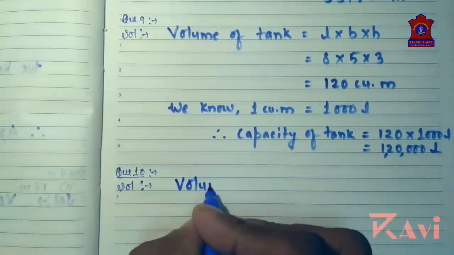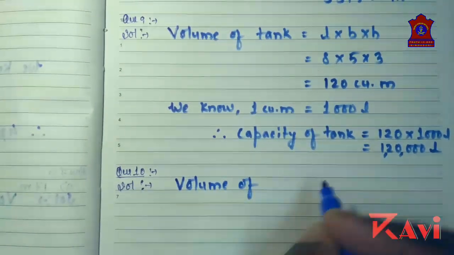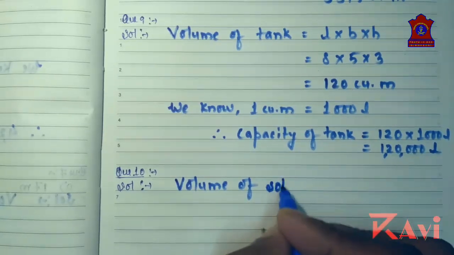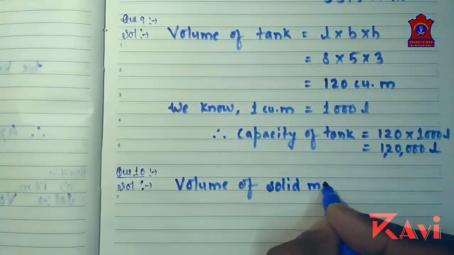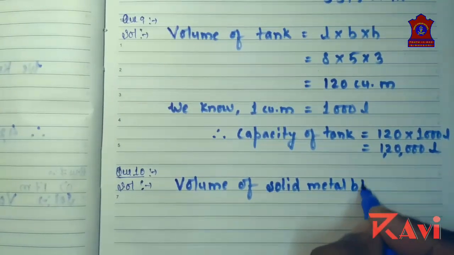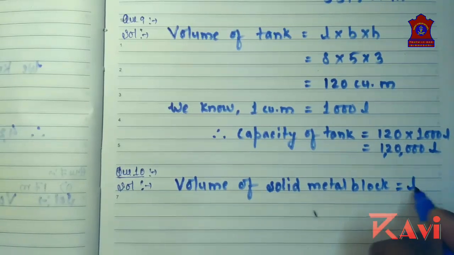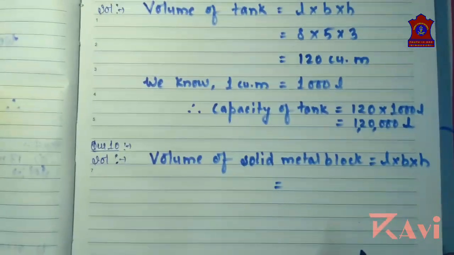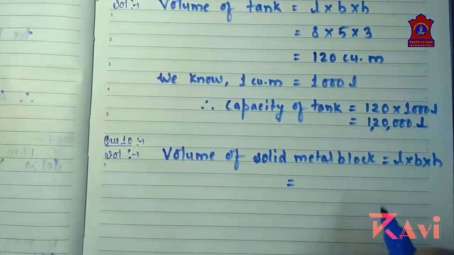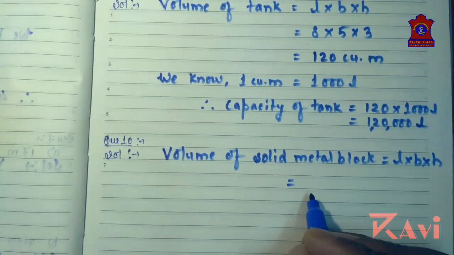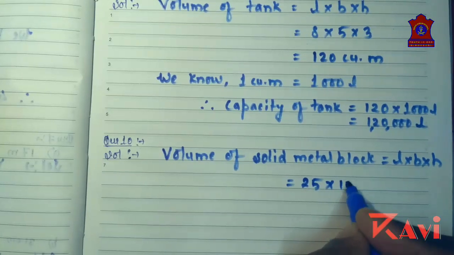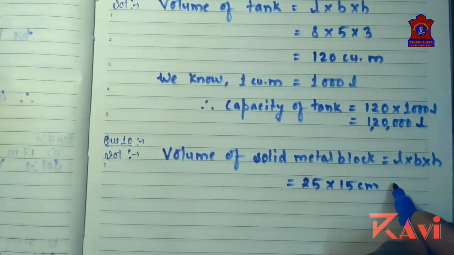Volume of solid metal block equals to length into breadth into height. Clear? Length, breadth and height is given in this question. 25 centimeter, 15 centimeter and 10 centimeter.